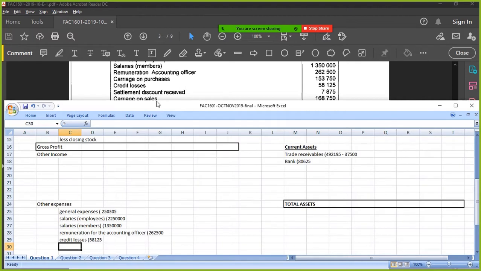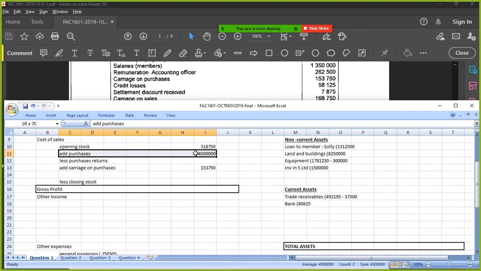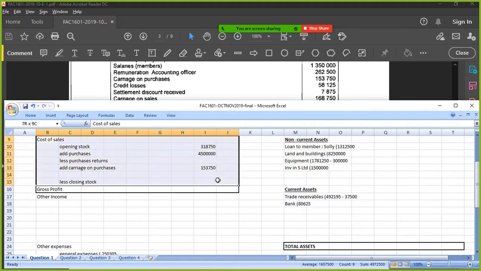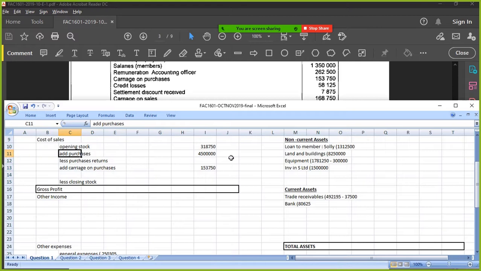Okay, settlement discount received. Okay, we've spoken about this in the past. When discounts are received, they're received from your creditors. Okay, so Eunice's probably going to take the settlement discount received and offset it against your purchases basically. All right, so I'm going to include it here as part of your purchases.